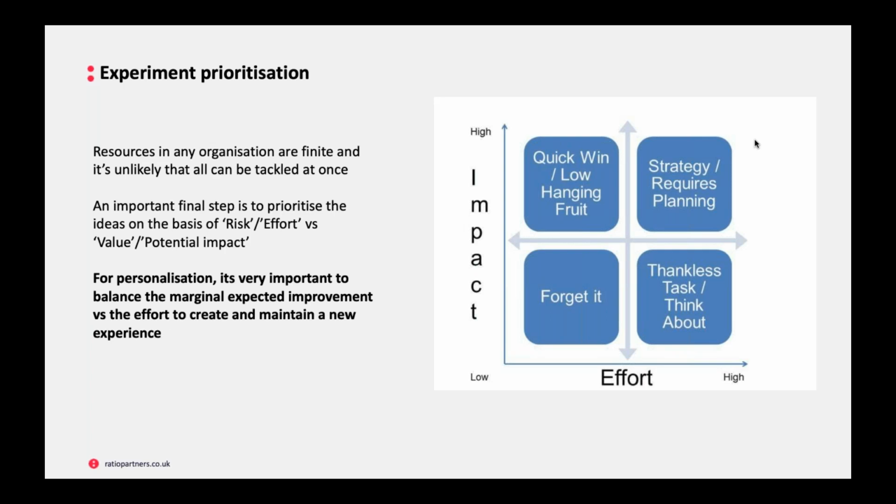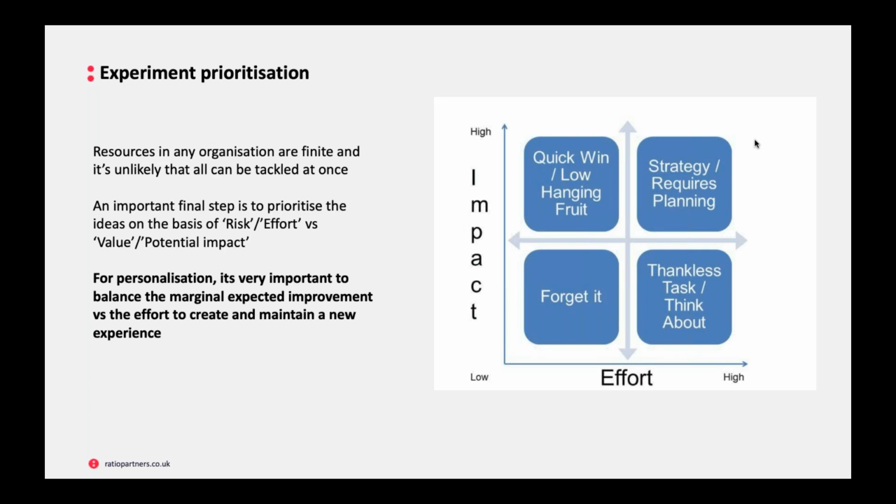For example, you might identify that if you could deliver X personalized experience, it would deliver enormous impact, but it requires an integration with a bunch of other different systems because the data we need to access is held far away.